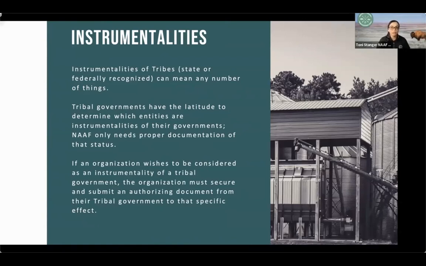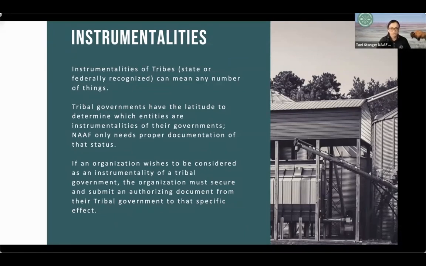So instrumentalities of tribes, state or federally recognized, again, can mean any number of things. And tribal governments have the latitude to determine which entities are instrumentalities of their governments. And NAAF only needs the proper documentation of that status. If an organization wishes to be considered as an instrumentality of a tribal government, the organization must secure and submit an authorizing document from their tribal government to that specific effect.